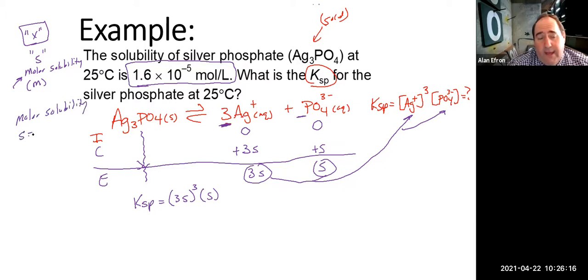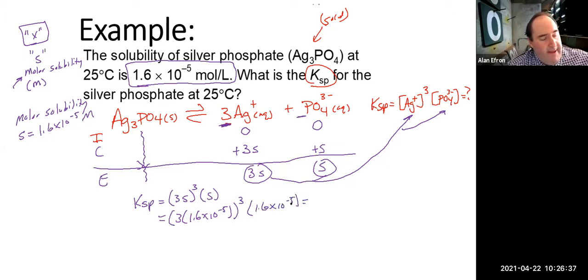And that's basically what s equals, which is 1.6 times 10 to the minus 5 molar, which means that is what we could just slap into here at this point, which would be 3 times 1.6 times 10 to the minus 5. We want to make sure we cube it, times 1.6 times 10 to the minus 5.